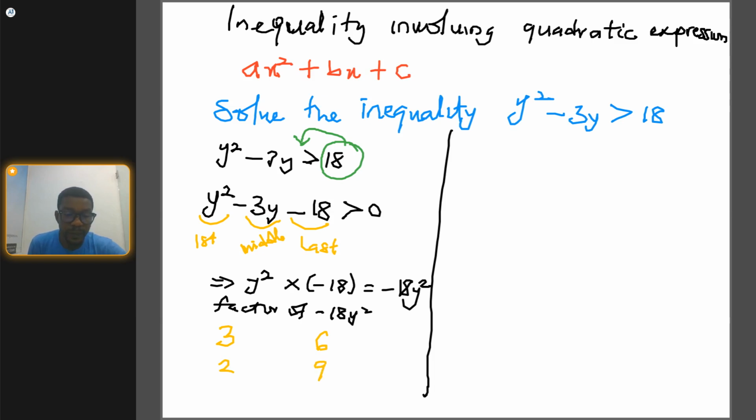Now let's stop there. We have y at the back of all the factors, y and y. Now because it is minus 18, you have to give minus to one of your factors. Looking at the first factor, 3 and 6, when we add it together, we must get the middle term, which is minus 3y.